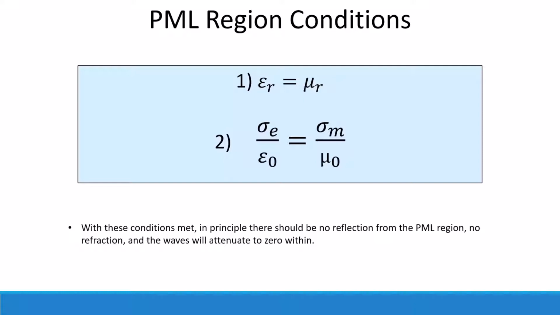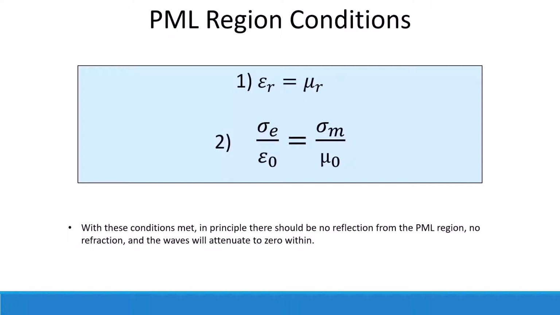So the relation here between the electric and the magnetic conductivity is derived from the curl equations, from Maxwell's equations, and that will be shown in a little bit. With both of these conditions met, in principle there shouldn't be any reflection from the PML region, no refraction, and the waves should attenuate to zero within.